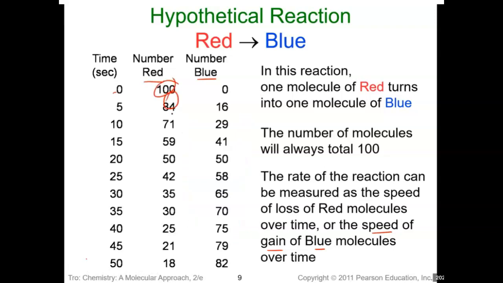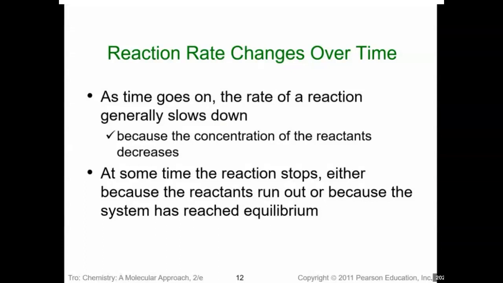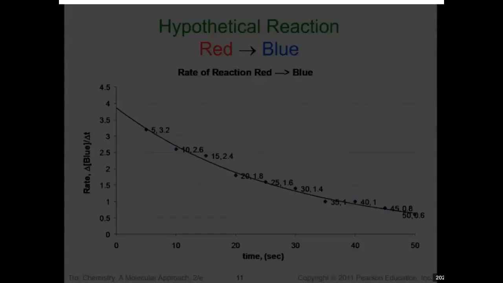So their ability to react is greater because they're going to come in contact more often. When you get to the lower end of your reaction, you don't have as many reactant particles, so it's going to be harder for them to interact, and therefore the reaction is going to slow down. So as we go through our reaction, it slows down until it hits equilibrium.